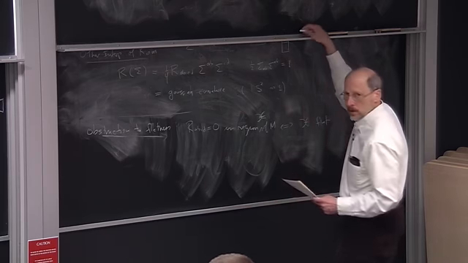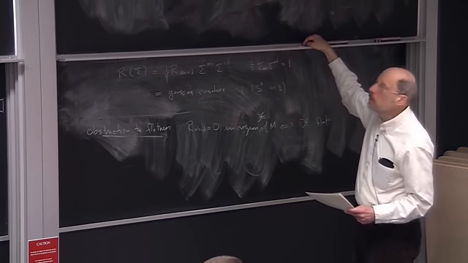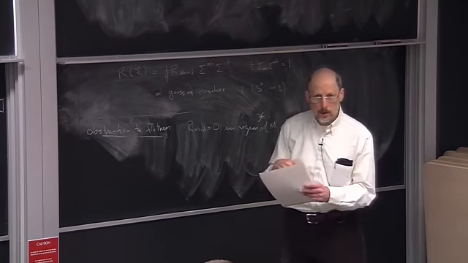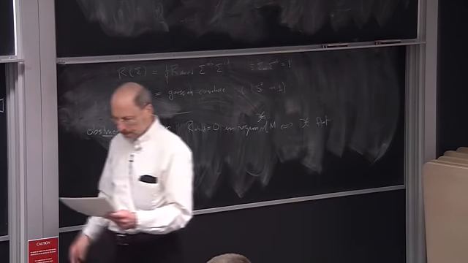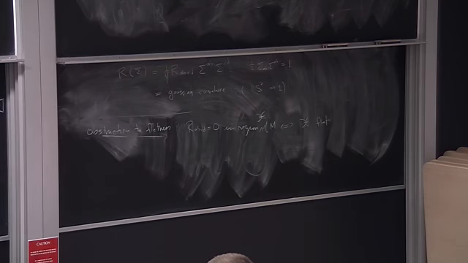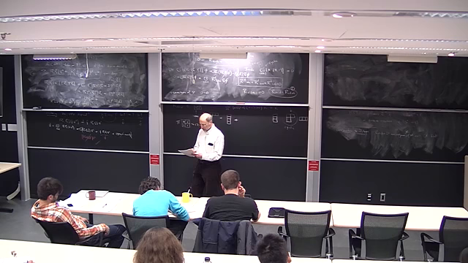In other words, modulo global considerations, that region looks like just a subset of Minkowski space. I guess we'll prove that next time, and then we'll get to the geodesic deviation equation.